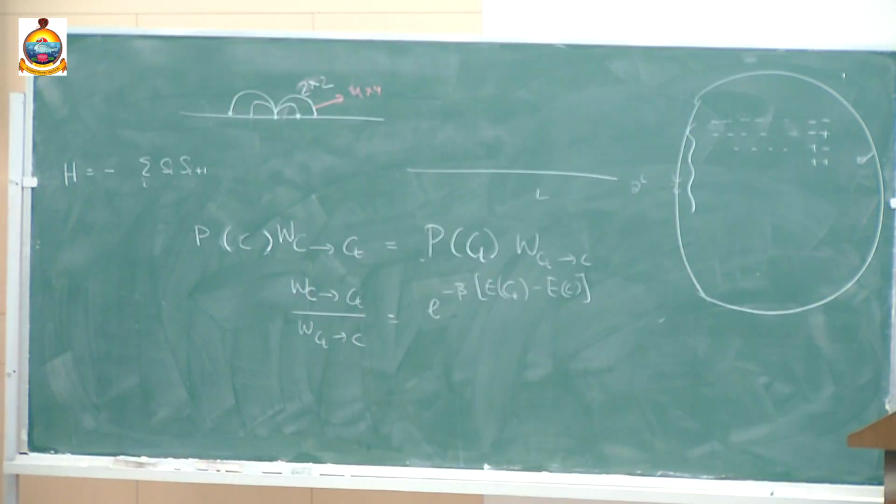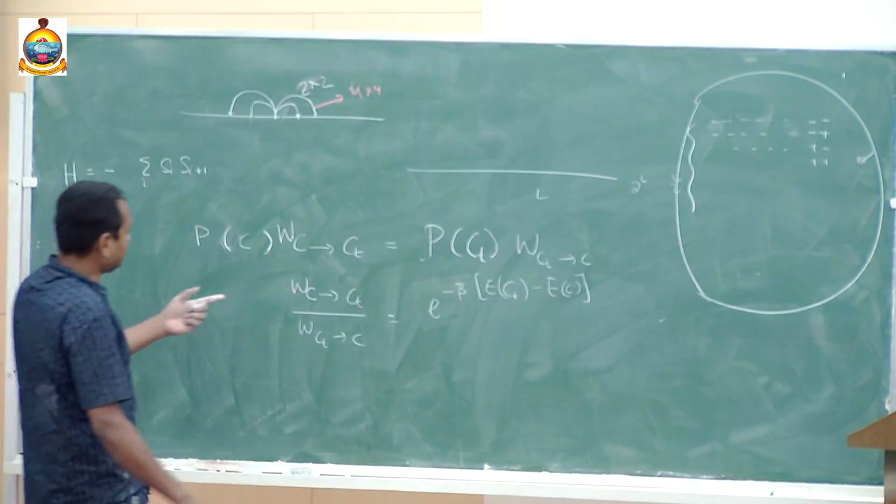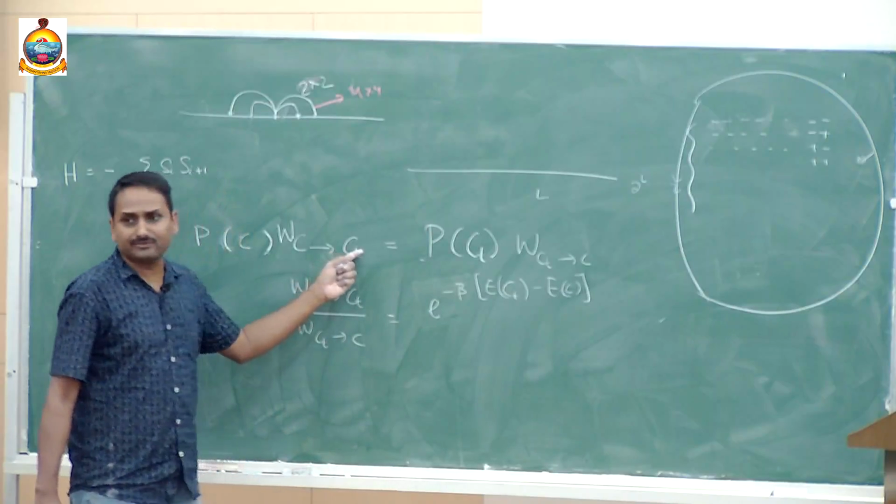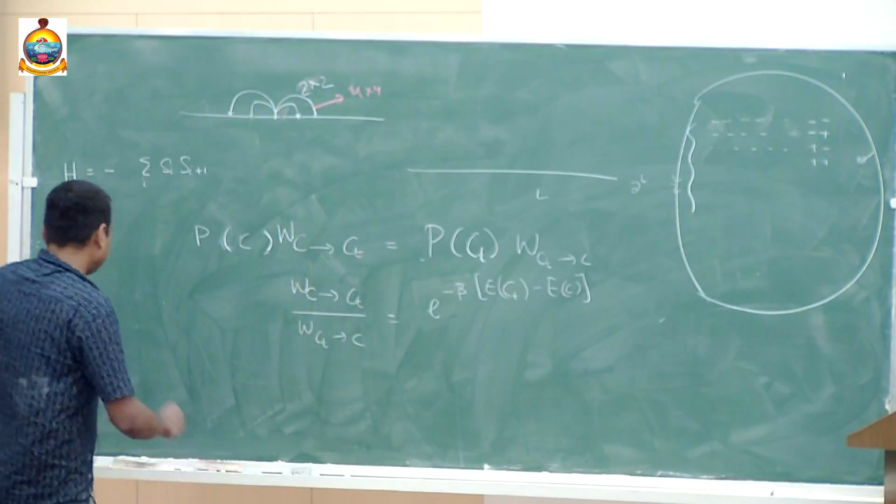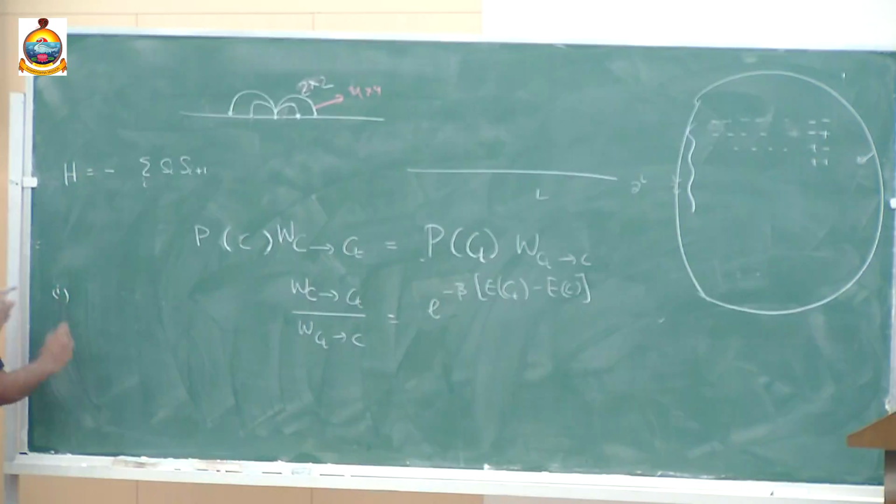After this, you can choose a convention, a consistent convention. So basically, your trial configuration, the energy of the trial configuration, can be larger or smaller or the same.